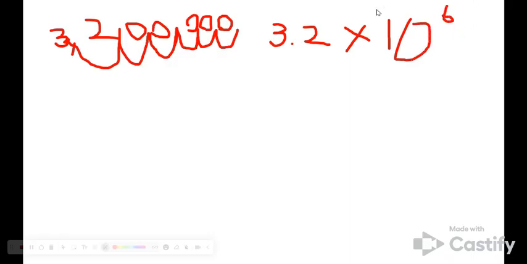I get the 6 by counting 1, 2, 3, 4, 5, and 6. So 3.2 times 10 to the power of 6.